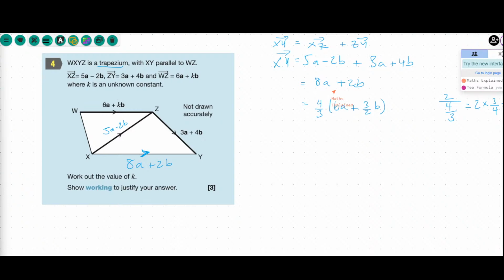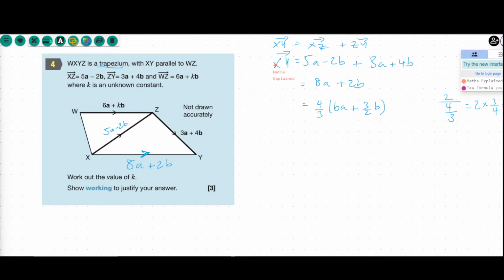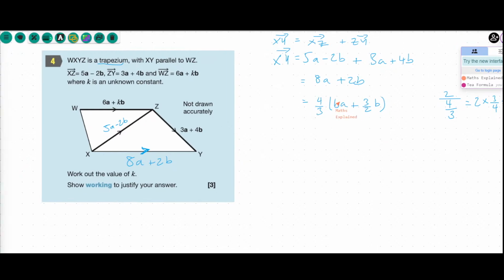There are slightly different ways to do this, but basically I wanted to change xy such that we had a 6a. Why did I want to do that? Because now I know if I multiply wz by 4 and 3, I get xy.